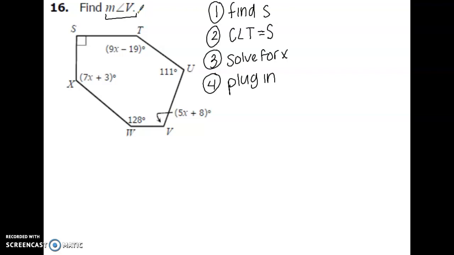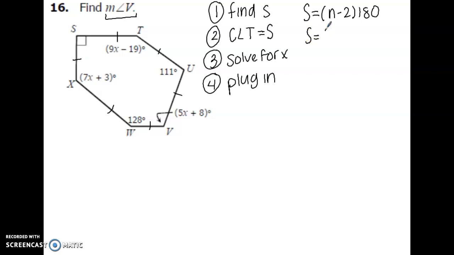So first things first, it says find your sum of interiors. Because all of these are interiors, I'm going to say S is equal to, of course, n minus 2 times 180. Now let's count the sides. We have 1, 2, 3, 4, 5, 6.